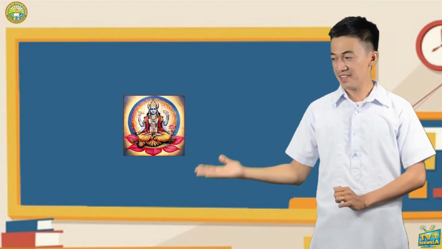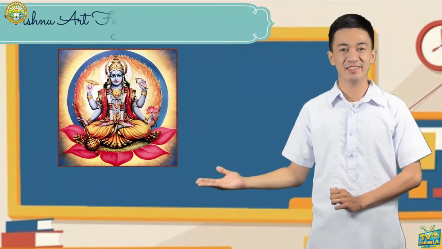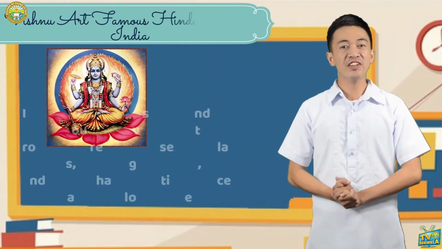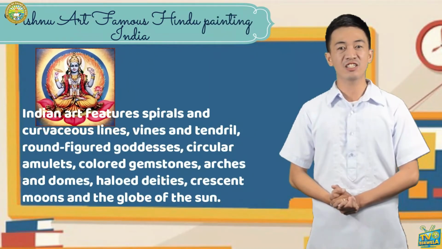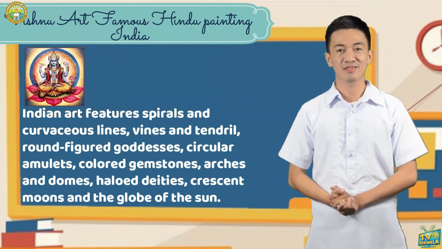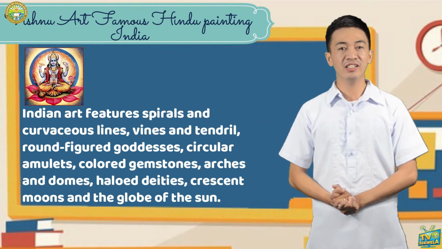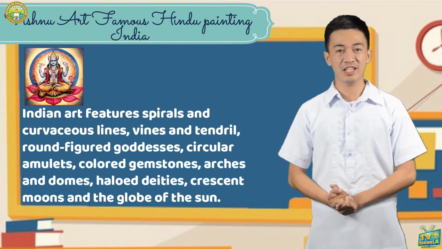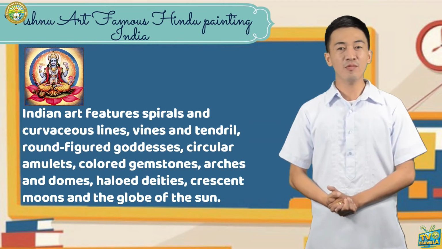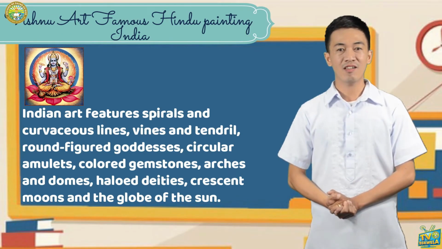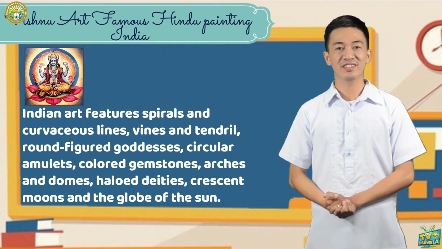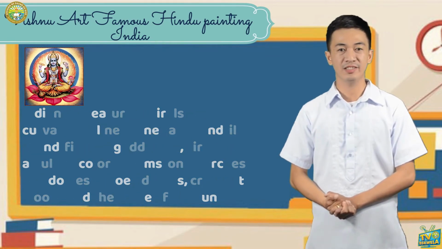The fourth painting is Vishnu, a famous Hindu painting. It is an Indian art that features spiral and curvy lines, vines and tendrils, round-figured goddesses, circular armlets, colored gemstones, arches and domes, hollow deities, crescent moons, and the globe of the sun.